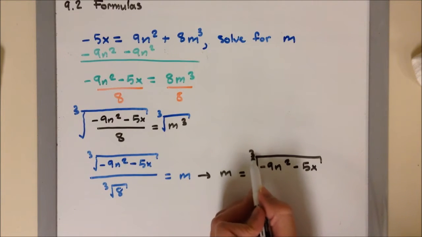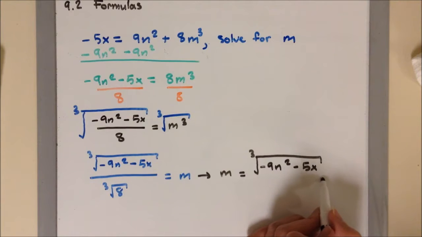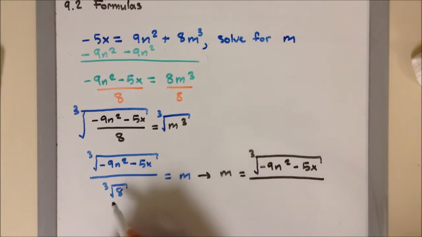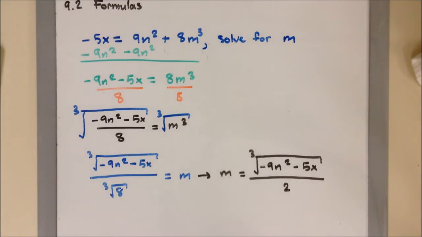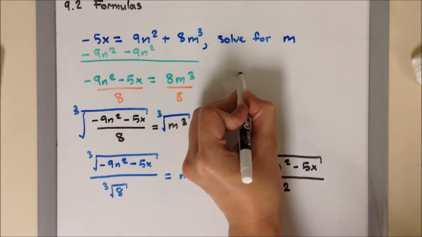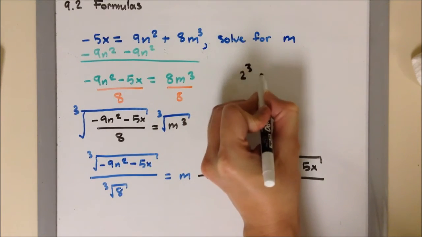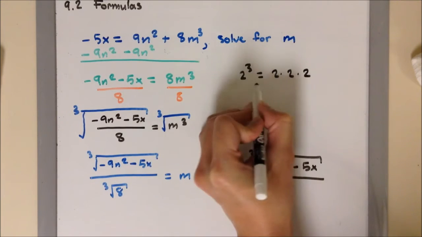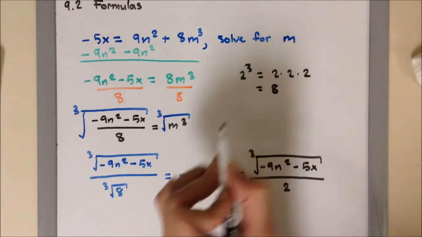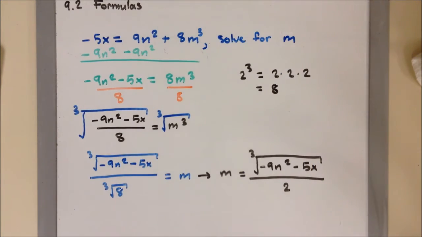Make sure you have 3 as the outside if you're doing the cube root. The cube root of 8 will be 2, because if you were to do 2 to the third power, it's 2 times 2 times 2, which will equal 8. So that's why you're able to do the cube root of 8.